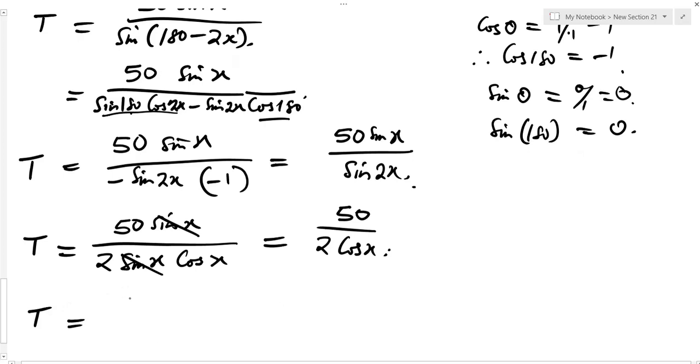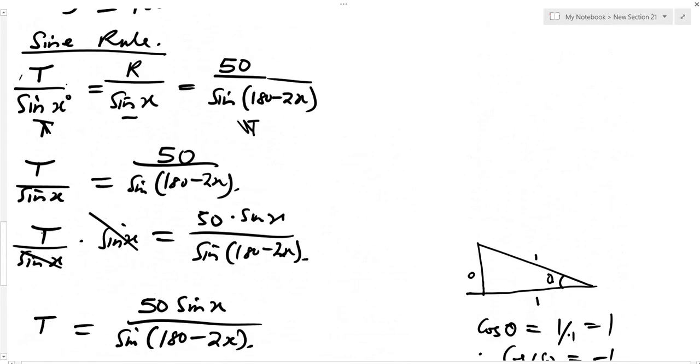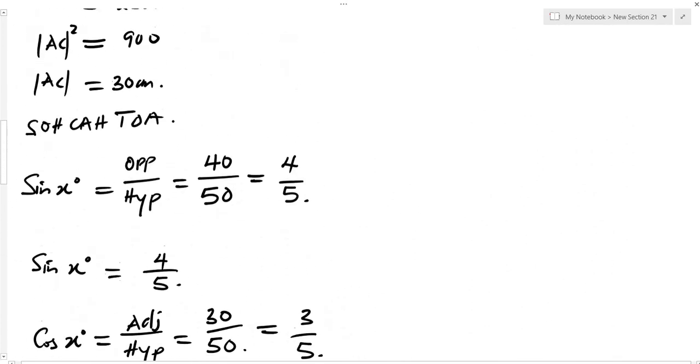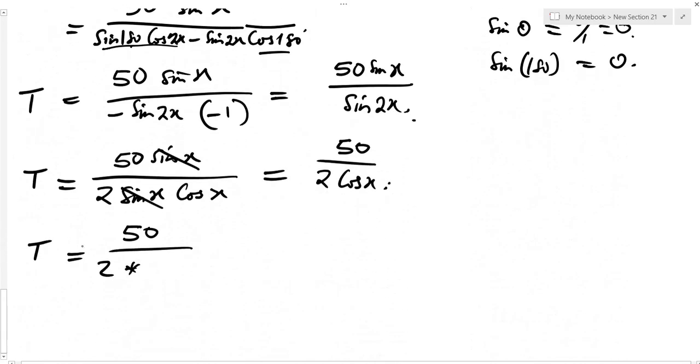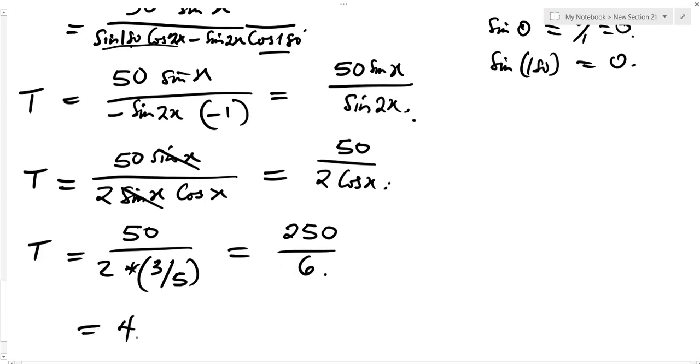So we now have 50 divided by 2 times cos x, and cos x is 3 over 5. So we have 3 divided by 5 as cos x. So this will give us 250 divided by 6. So this is 41.67 newton.